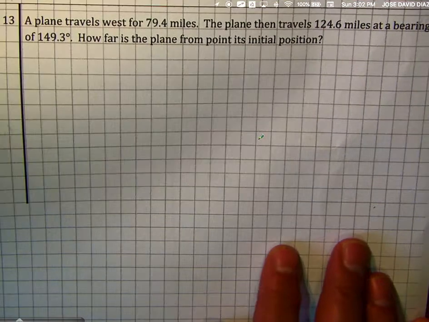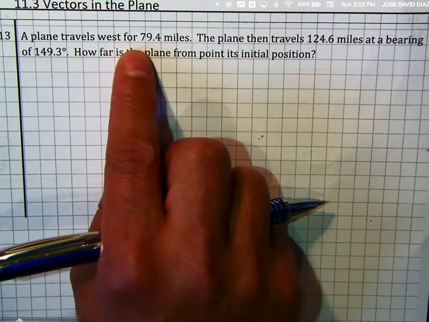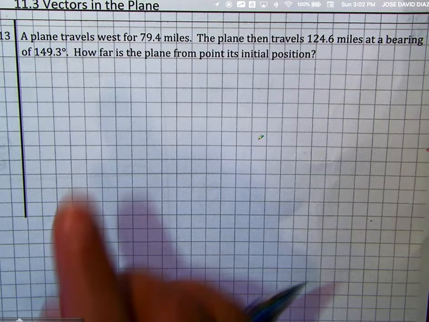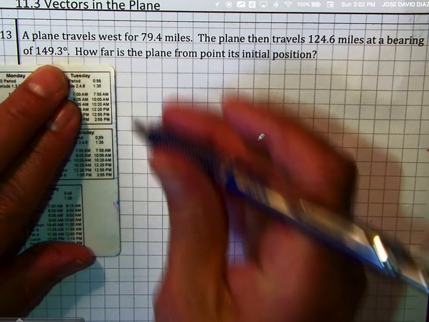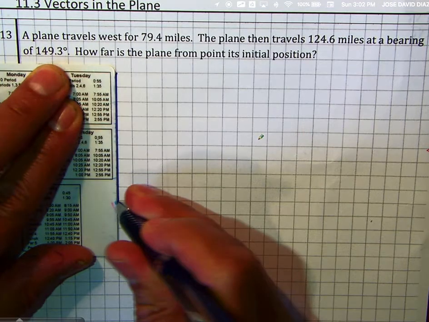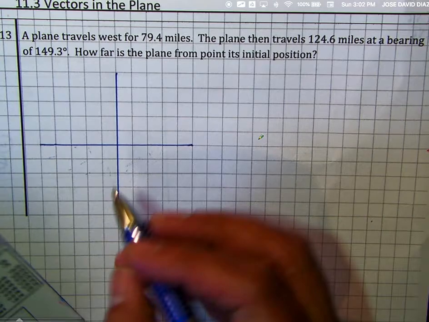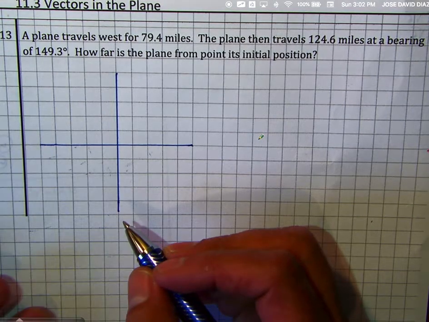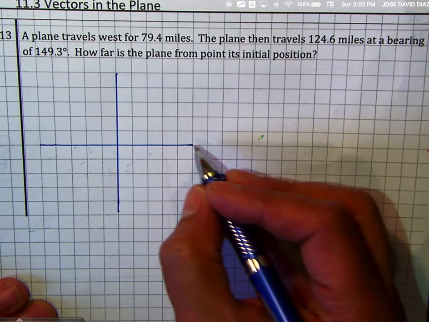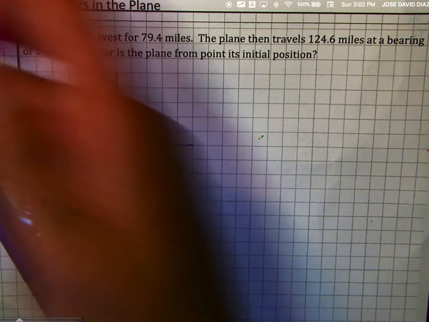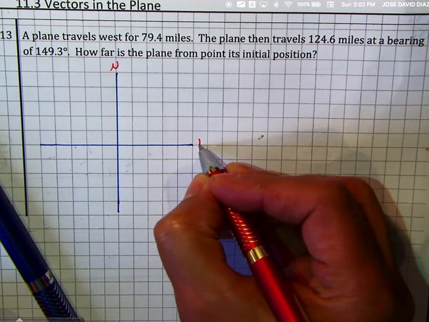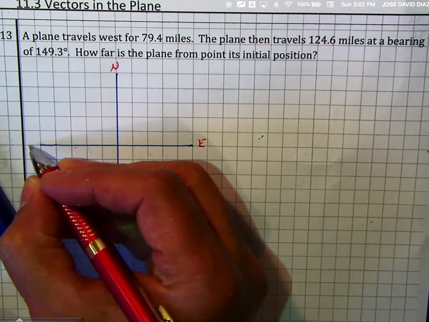So a plane travels west for 79.4 miles. So let's go and place our x and y axis. Never eat soggy waffles.